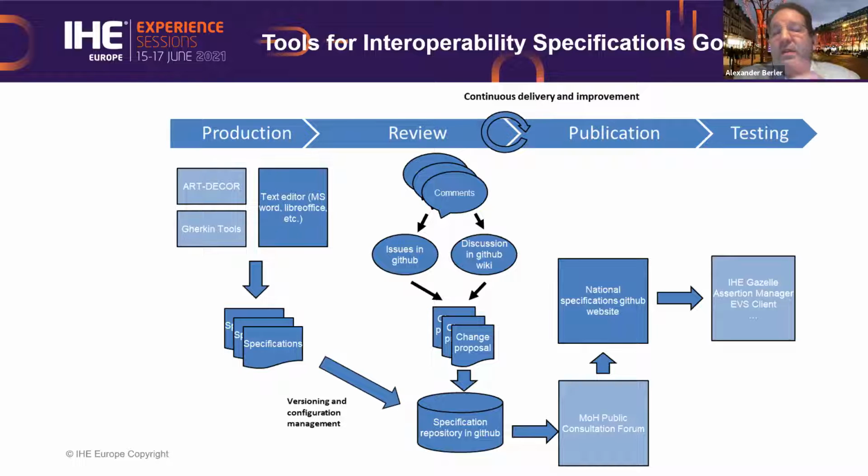So we propose national and regional projects to create their own GitHub website. And then this is usually aligned with the national Ministry of Health or other public consultation places where you can put the specifications for public consultation. And then those are driven and used in the Gazelle test tools for testing.